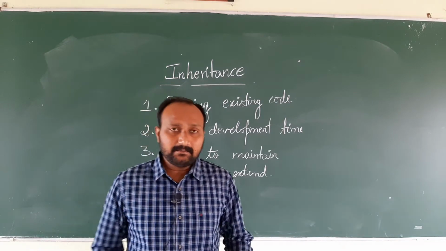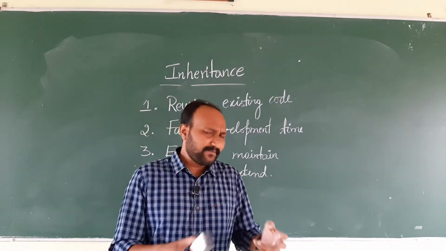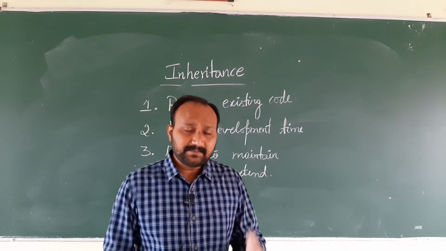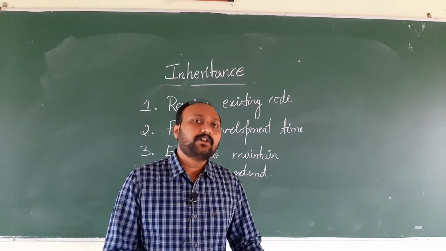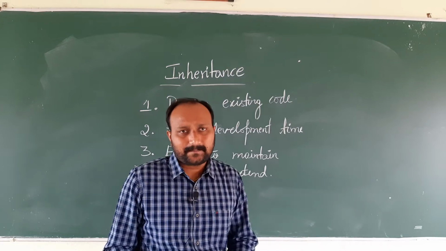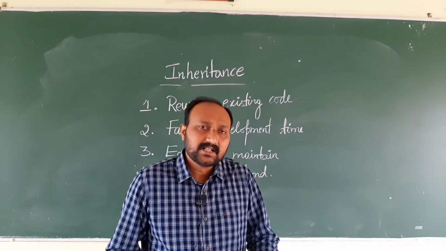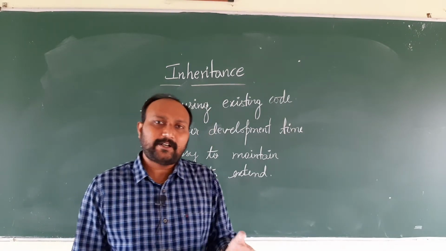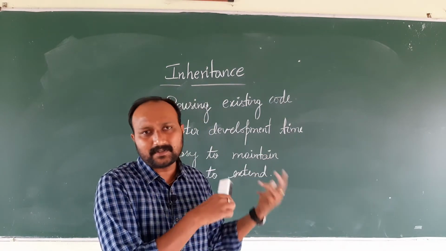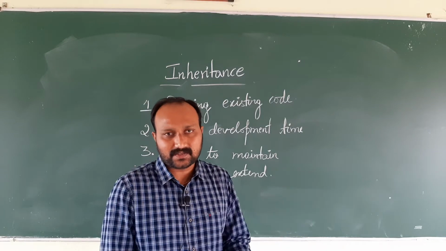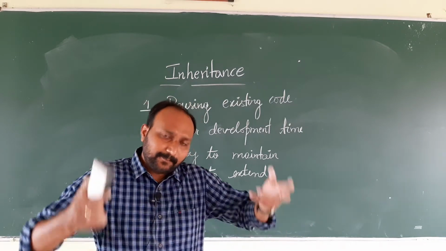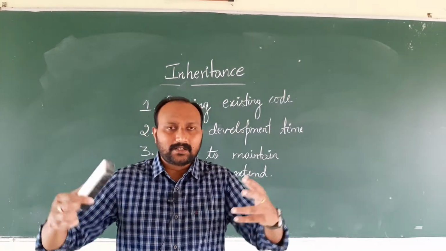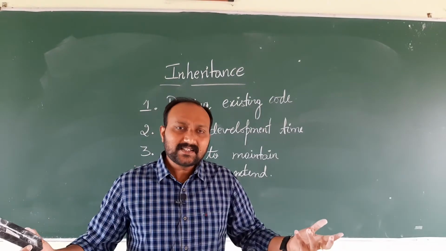If I am an individual, or if a child is born, the child will be inheriting certain properties from his parents or from certain generations. Some of them may be exhibited, some of them may be suppressed. But they will be carrying certain traits from his parents or from his forefathers, from different generations. So, after inheriting, if I want to extend some newer features or characteristics, that is always a possibility.